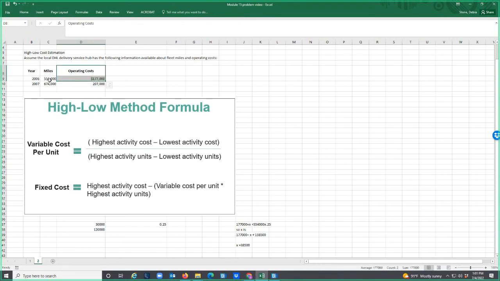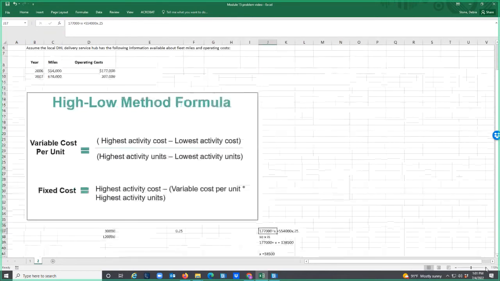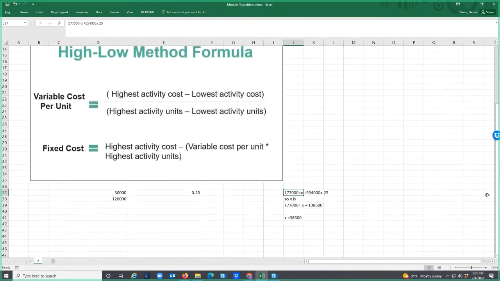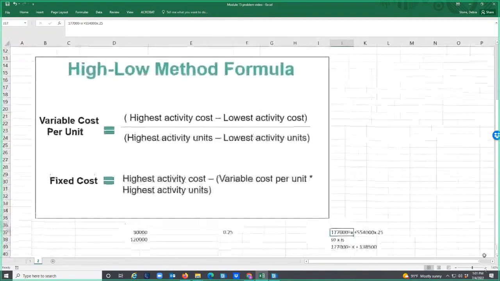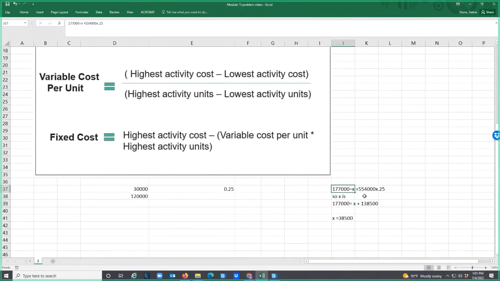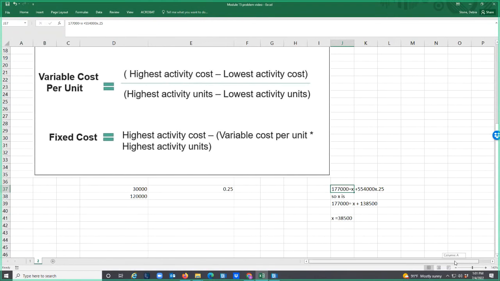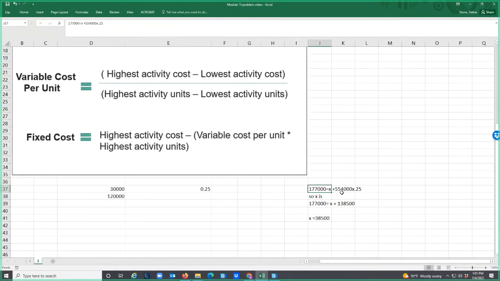At this volume of 554,000, using the new number I just got, which is 0.25, I would take 177,000 equals X plus 554,000, that's the volume, times this 0.25, which is what we covered.